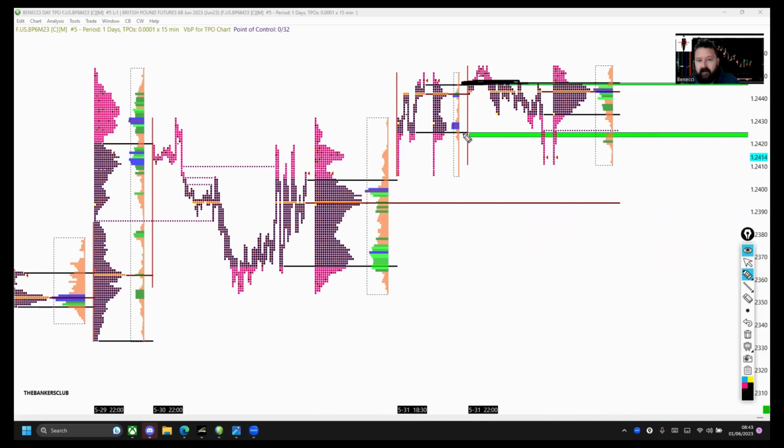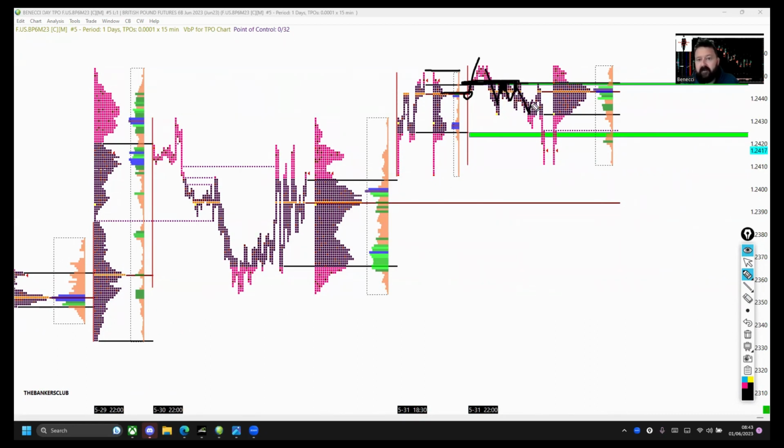And I was like, wow. So we'd opened at a point of control there, came up, took the liquidity above, came down, up, up, up, and this was a solid line in the sand which was being heavily defended.